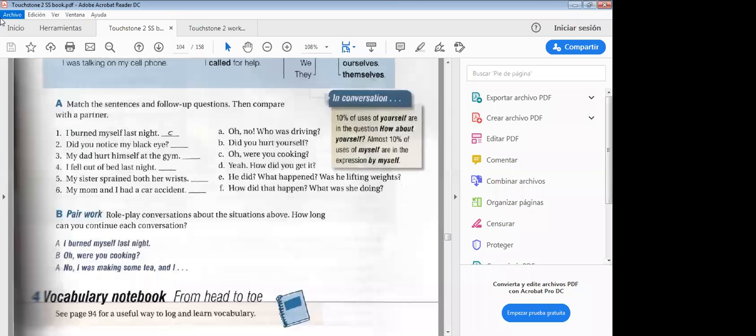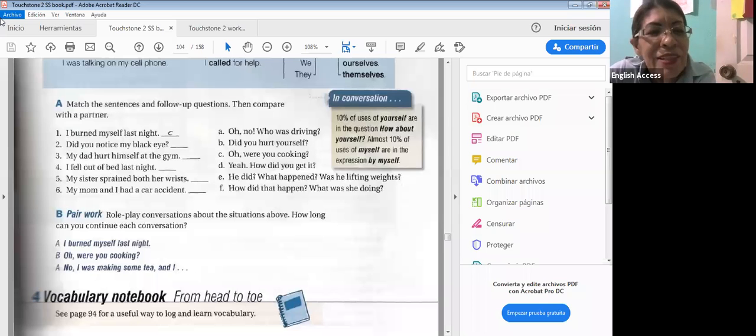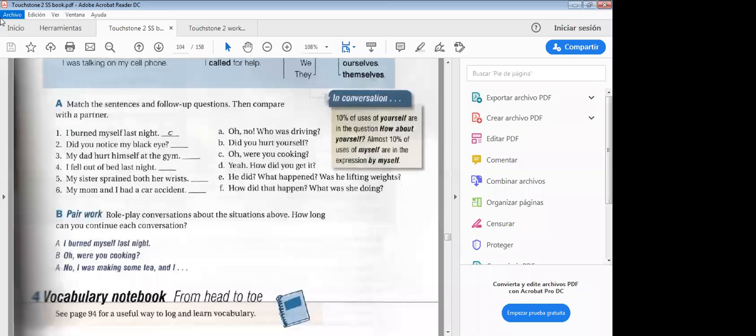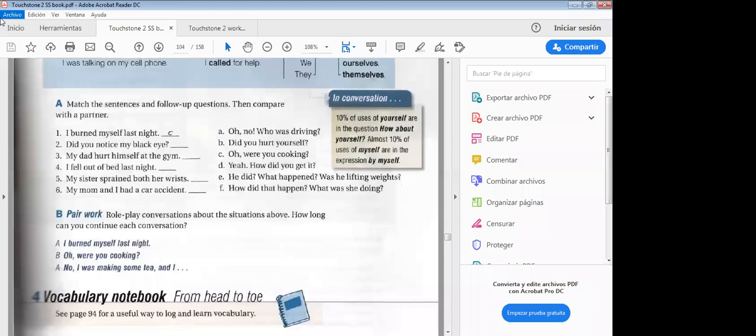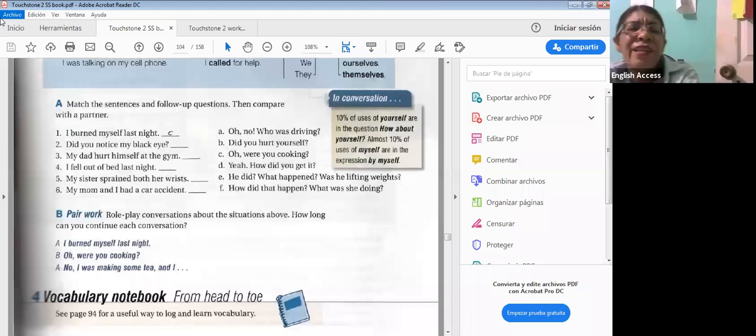I fell off of bed last night. Letter D. Did you hurt yourself? Okay, Luis, continue. My sister sprained both her wrists. Letter F. How did that happen? What was she doing? And Damaris, six. My mom and I had a car accident. Oh no. Who was driving?